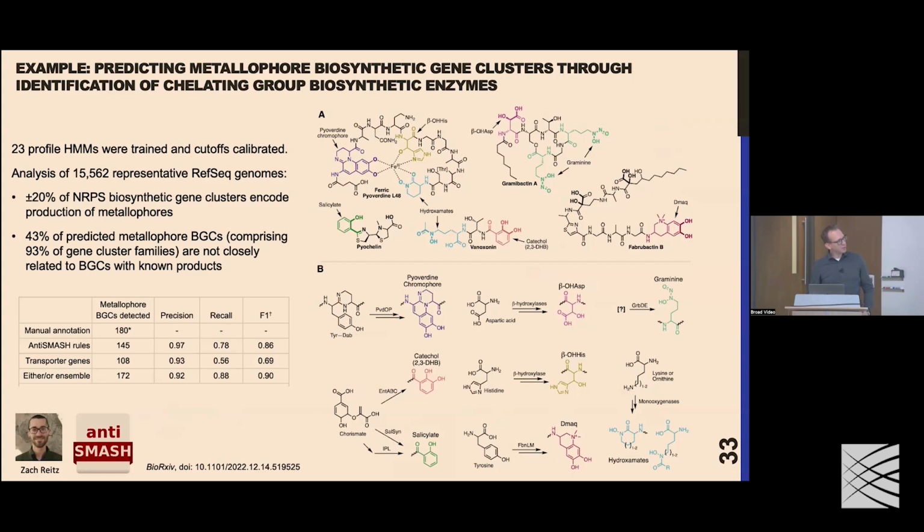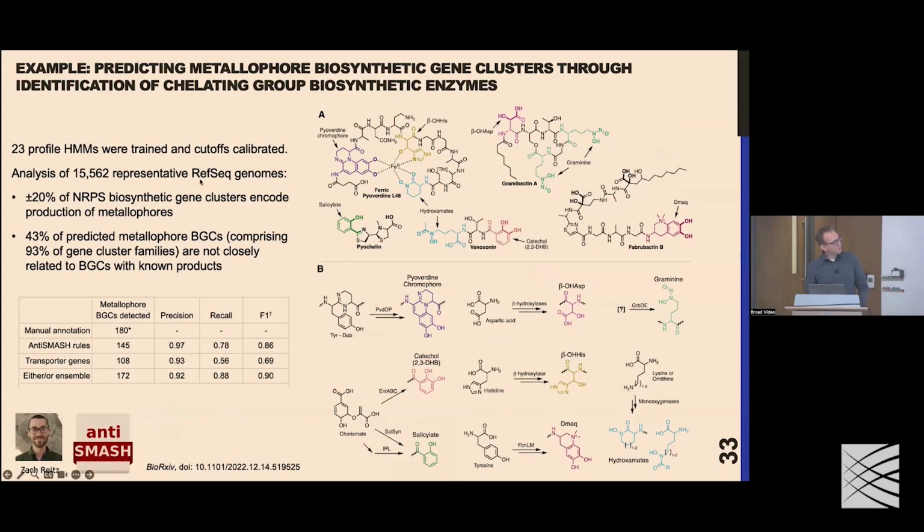Here you see in this panel B all of these chelating groups and their biosynthetic pathways. For each of these chelating group biosynthetic pathways, he made antiSMASH rules to detect the specific combination of enzymes, to really detect within complex biosynthetic gene clusters whether genes are present for making these specific substructures as part of the molecules.